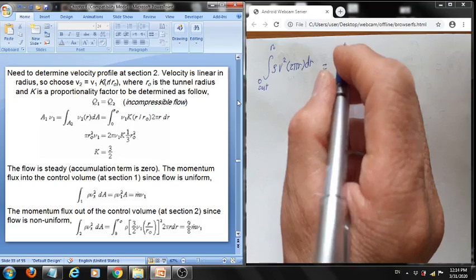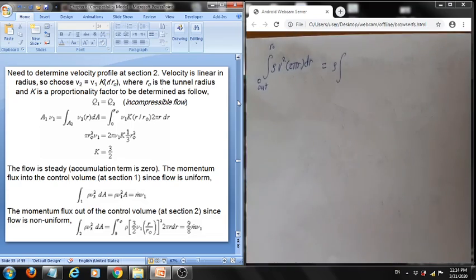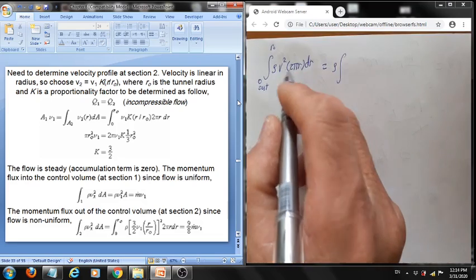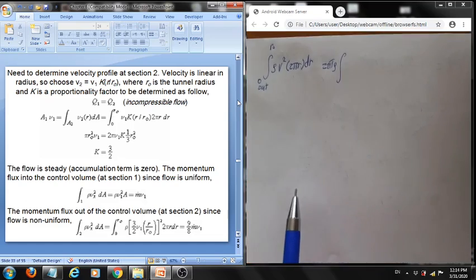Okay, and then we have density is constant, we can take it out. 2 pi also is constant, obviously, that's a number.